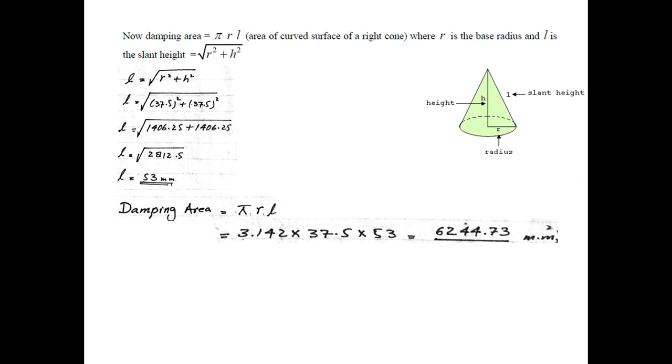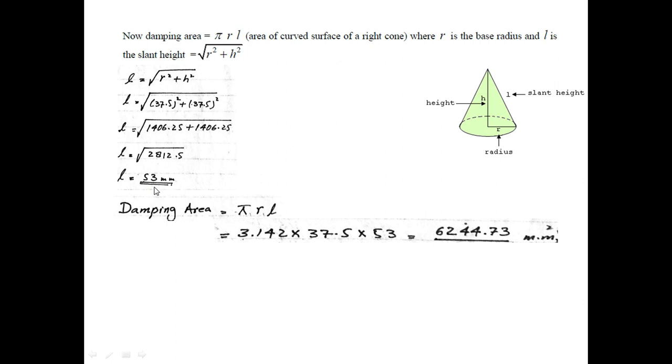This length is the slant height of this cone. As we know the height and radius of the cone, we can find the slant height. The slant height can be calculated from the formula under root r square plus h square, where r is the radius and h is the height. The slant height is equal to 53 millimeters.